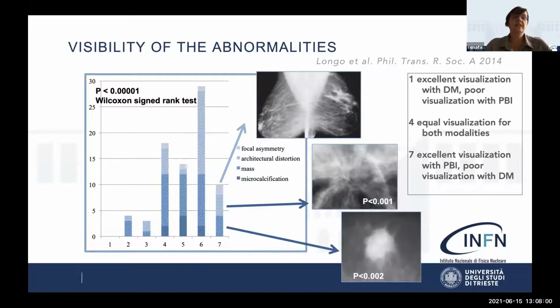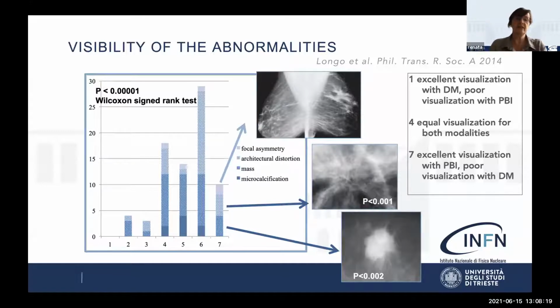This is a very short summary of our results. We asked experienced radiologists to evaluate our images, comparing the film screen and the phase contrast mammography.